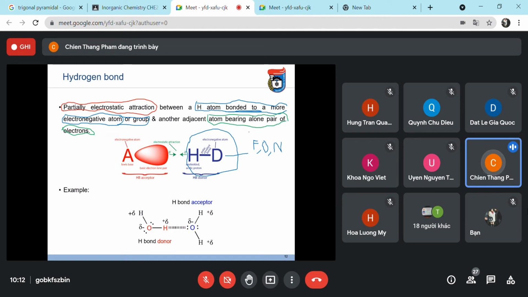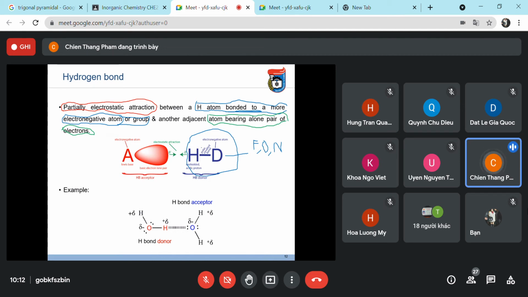When hydrogen is bonded with such an element, the hydrogen can be considered to be involved in the hydrogen bond.